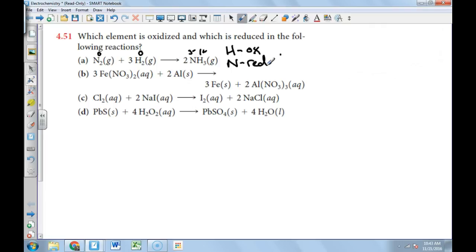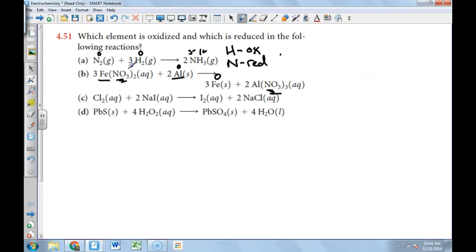Now let's take a look at this. Experience tells me it's going to be aluminum and iron here, only because I have nitrate on this side and nitrate on this side. Nitrate's not changing at all. It's just going to be a spectator ion for the reaction. I'll stick with aluminum. Aluminum here is 0, and iron here is 0. What happens to iron between here and here?